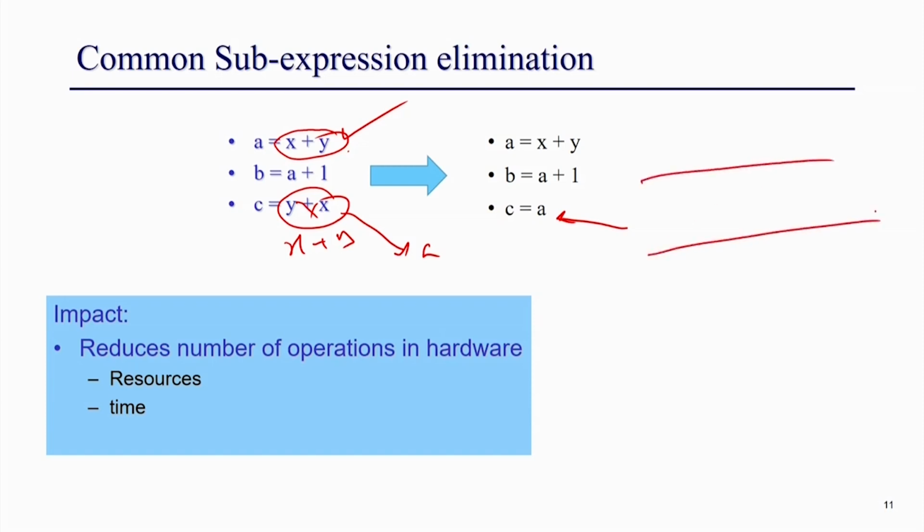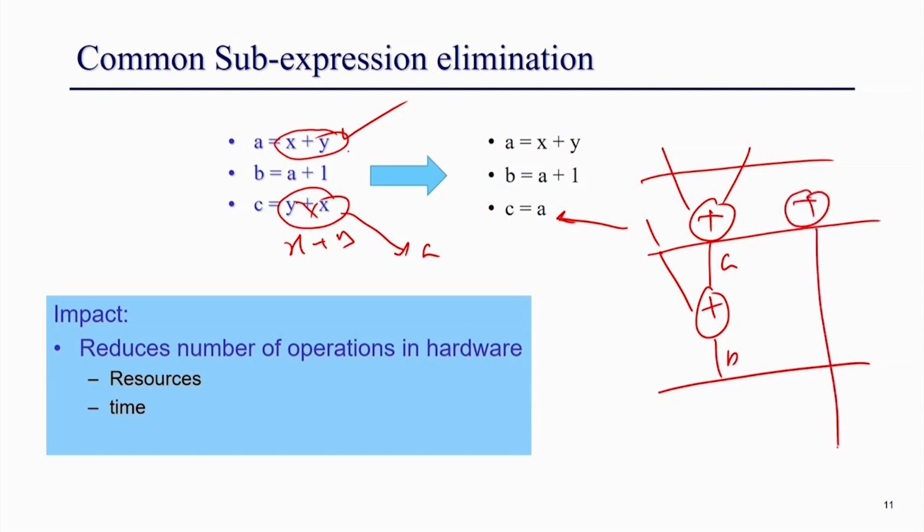For example, here you are doing x plus y, you get a here, then you are doing a plus 1, and you get b, and then say you are doing c. Here again this is x y, the same x y, but you need 2 cycles.